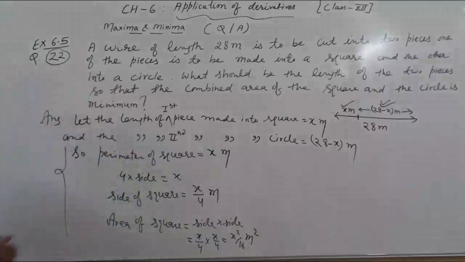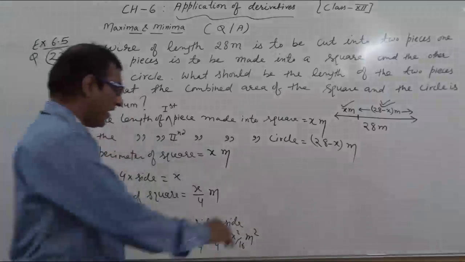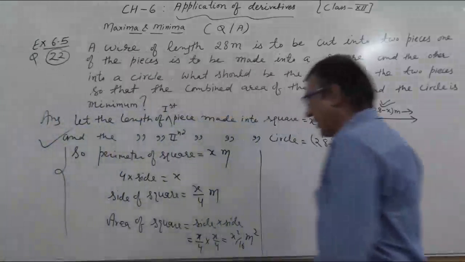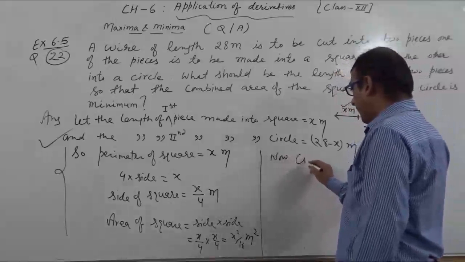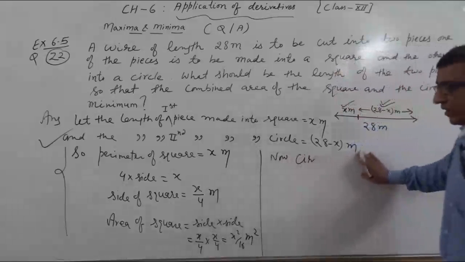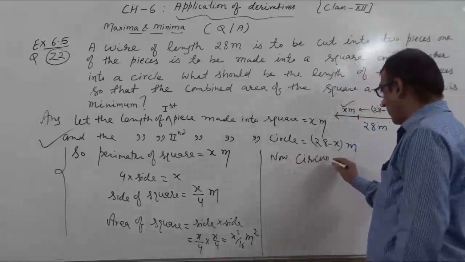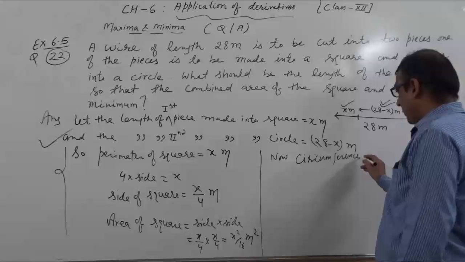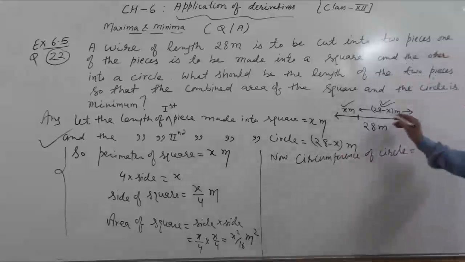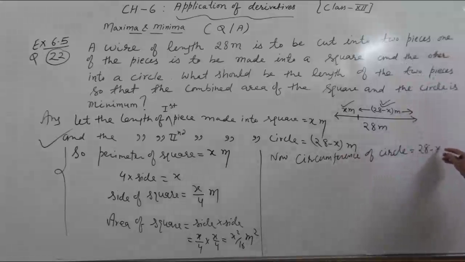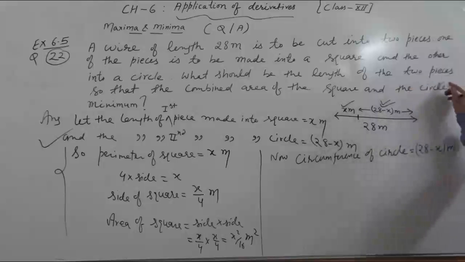Same procedure we will do with the second piece, and the second piece is related with circle. So what we will do now: circumference, because it is related with circle, so you can say perimeter or circumference of circle equals 28 minus x meter. Now we have to calculate the combined area of square and circle. It means we have to calculate the area of circle also, and for the area of circle we want radius.